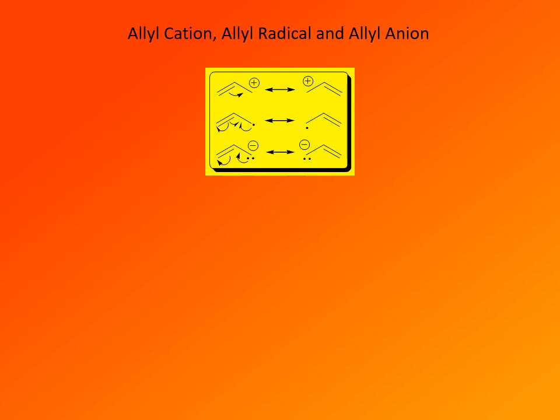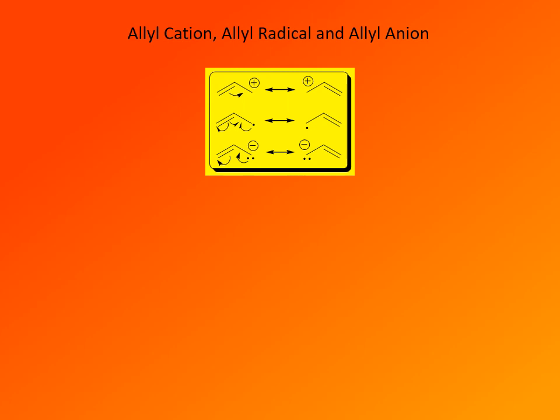With a free radical, that free electron is partially delocalized between carbons 1 and 3, and note how we use half arrows to indicate electron delocalization. Finally, in the case of the anion, the free electron pair is delocalized, it's not really movement in time, to form a new carbon-carbon double bond, and the pi electron pair ends up on the far carbon to form a new free electron pair.